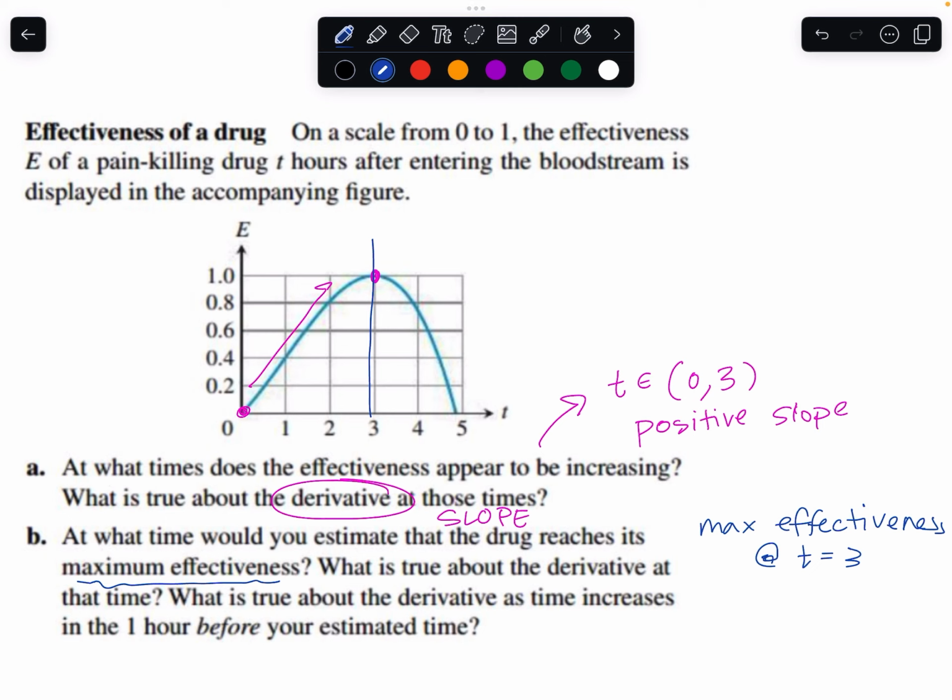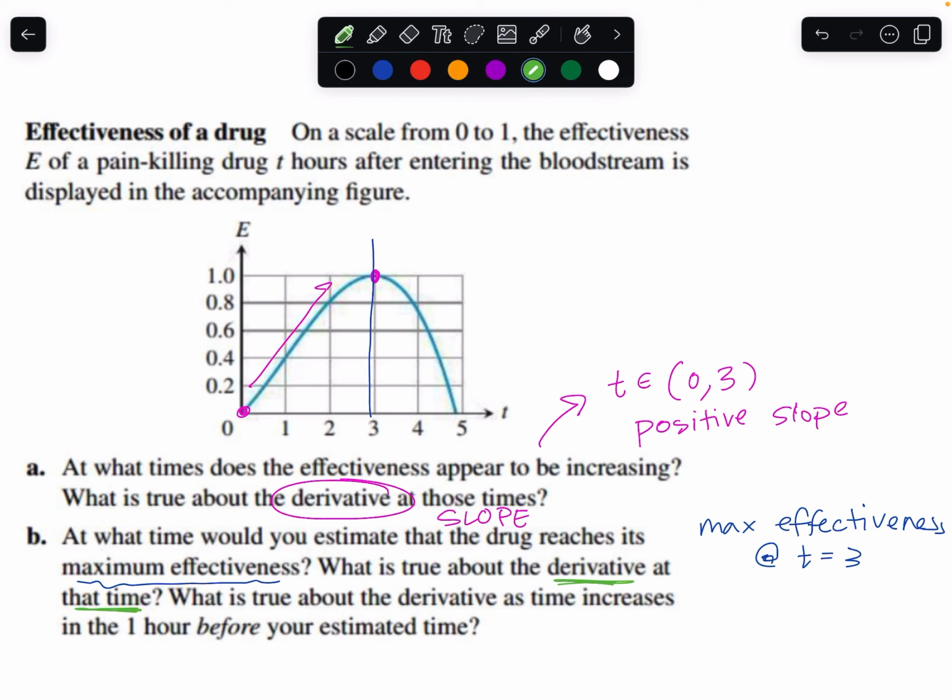The next part of the question says, what is true about the derivative at that time? When we think about the derivative, it is the rate of change, and the rate of change is the slope. So what might we say about the rate of change or the slope at the moment when t equals 3?